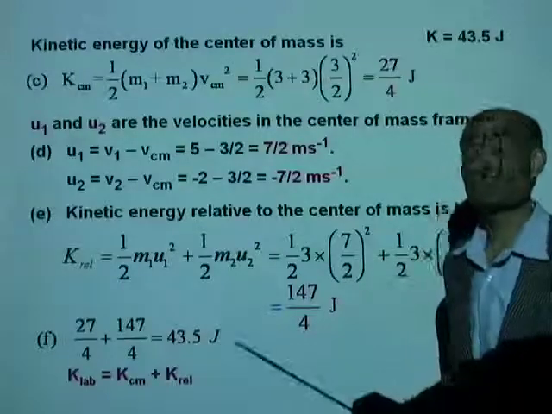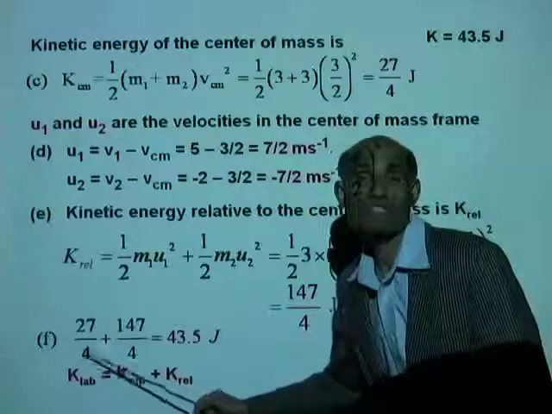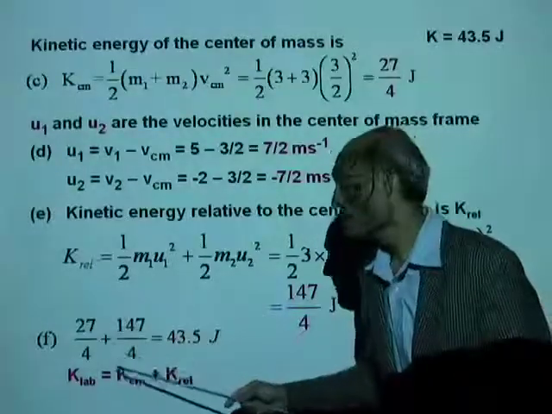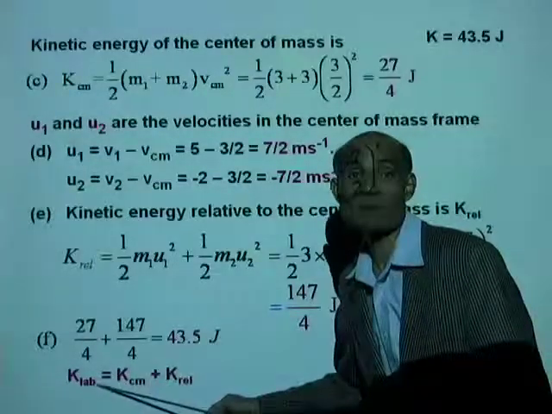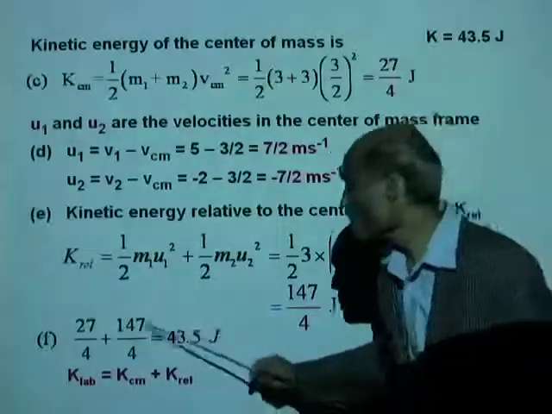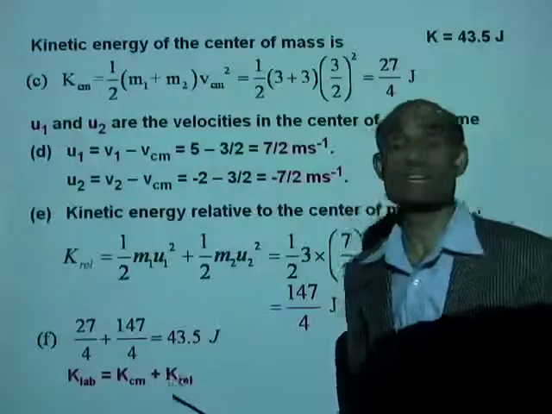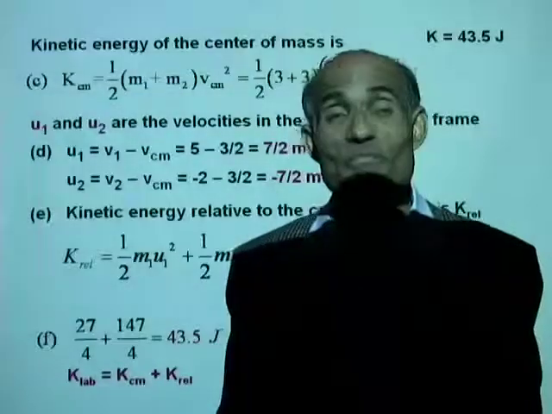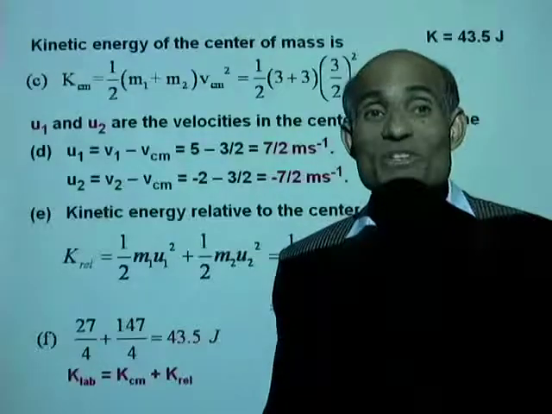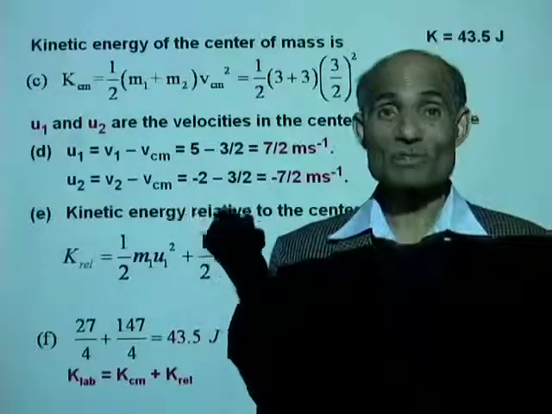What does that tell you? It tells you that the kinetic energy of the system of objects measured from the lab reference frame equals the kinetic energy of the center of mass plus the kinetic energy of the objects measured relative to the center of mass. Now this is an important result.